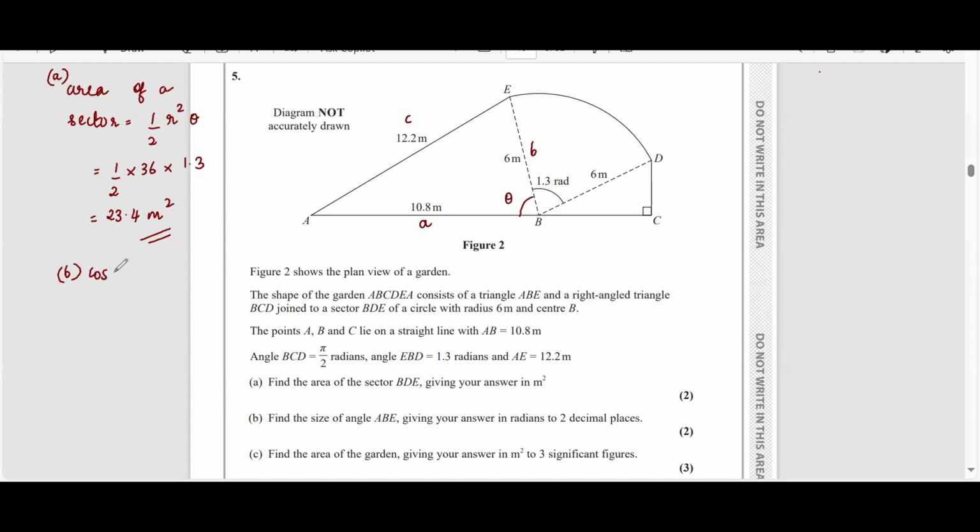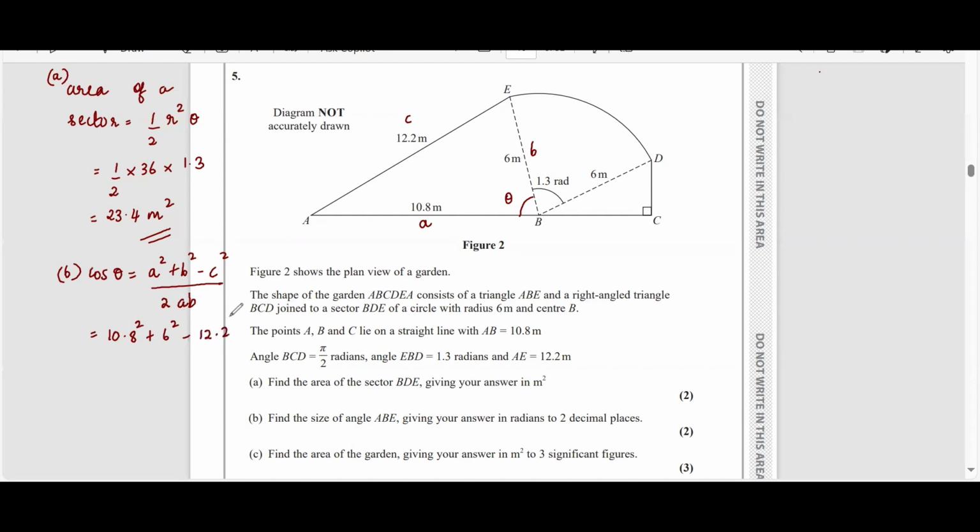So cos theta is equal to a squared plus b squared minus c squared, divided by 2ab. Here a is 10.8, b is 6, and c is 12.2.